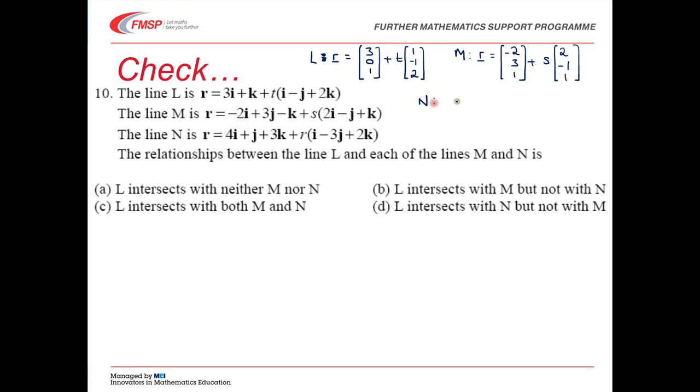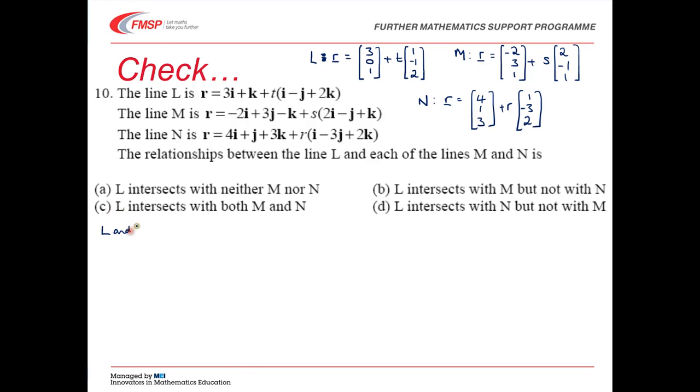And for equation N, r is equal to (4, 1, 3) plus r(1, -3, 2). Okay, I need to check the line L with each of the lines M and N.